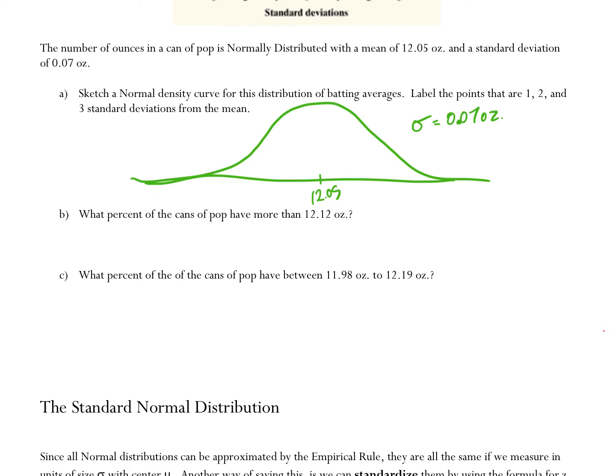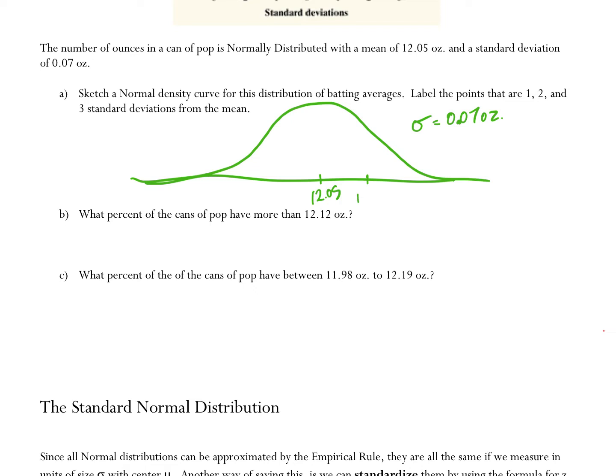And so one of the things I like about normal distributions is so many things are normally distributed. It's also really helpful to help us figure out what is that reasonable amount of soda. Would you guys be super surprised to get a soda with 12.25 ounces in it? You know what I'm going to do to help myself wrap my brain around that? I'm just going to go up.